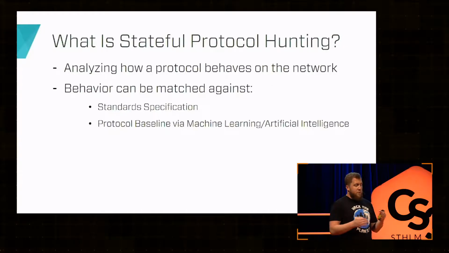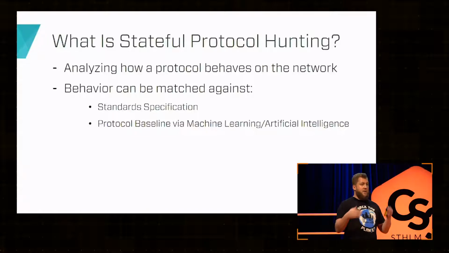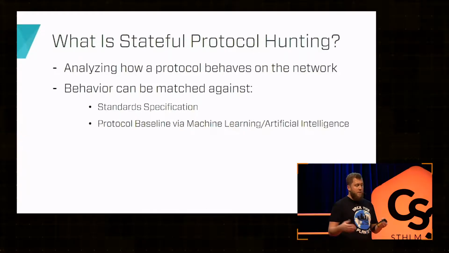So we have two things to go off of: the adherence of the protocol to the actual specification, as well as an established baseline of a specific vendor's behavior. So we have two comparison points here.